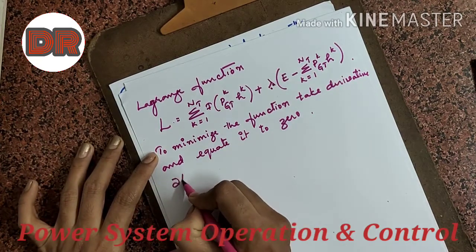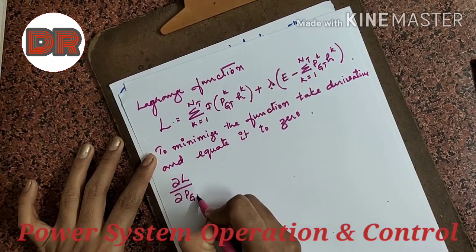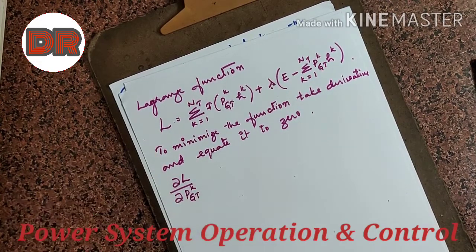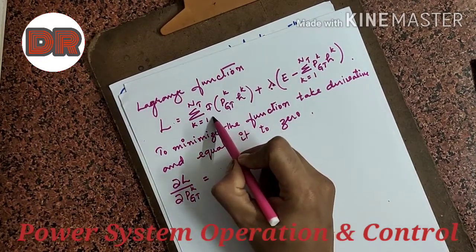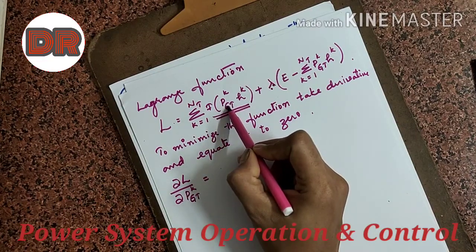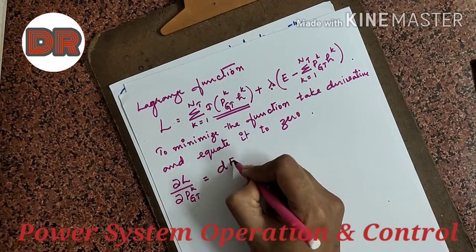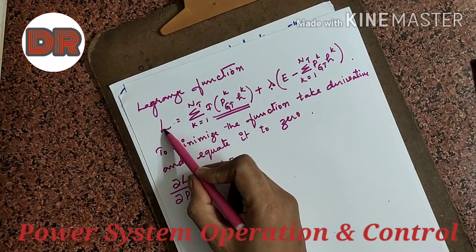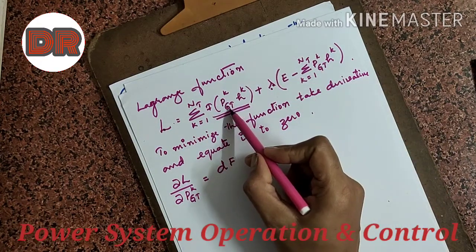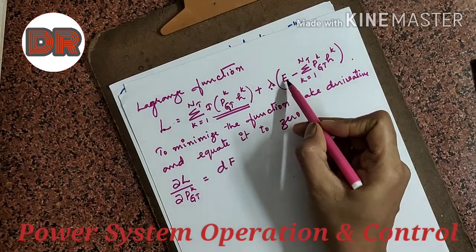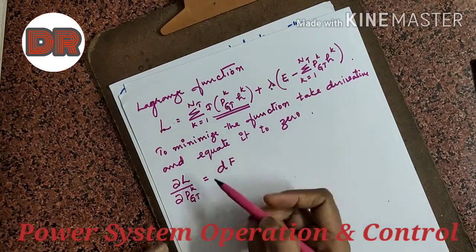So the partial derivative of this with respect to PGTK, so with respect to thermal power plant power, will be equal to, so this is a function which depends on only this. So I can write differentiation, I need not write the partial derivative here. Why have I written the partial derivative here? Because this function depends on both PGT and E. E is a function of PGH also, that is why I have written the partial derivative here.